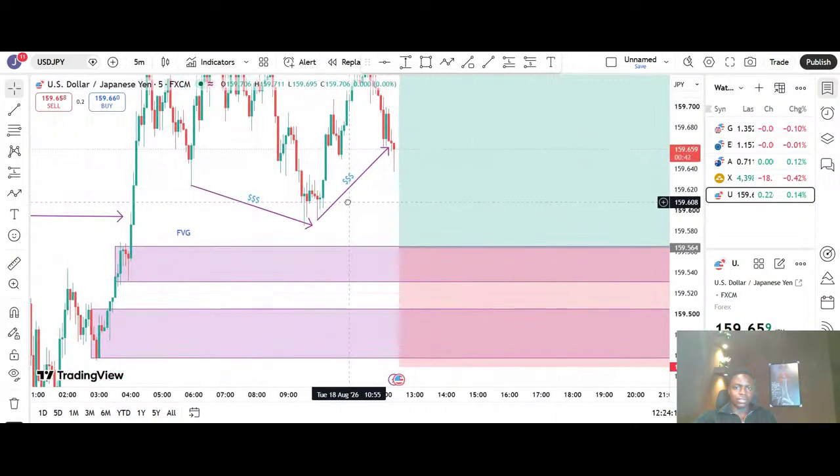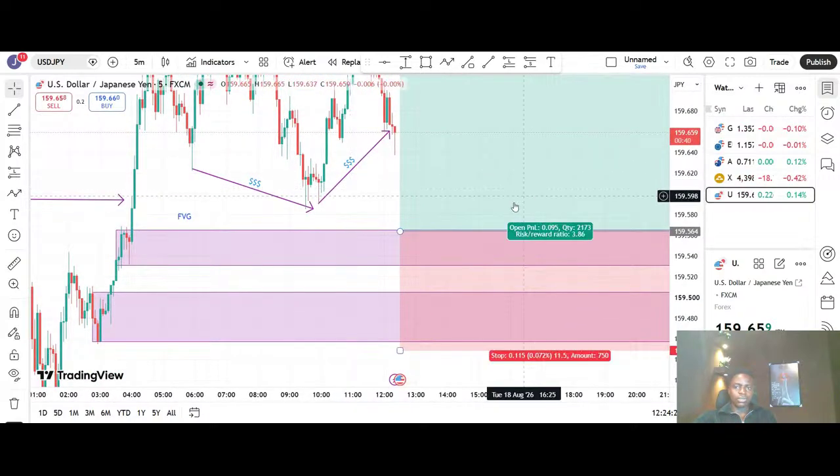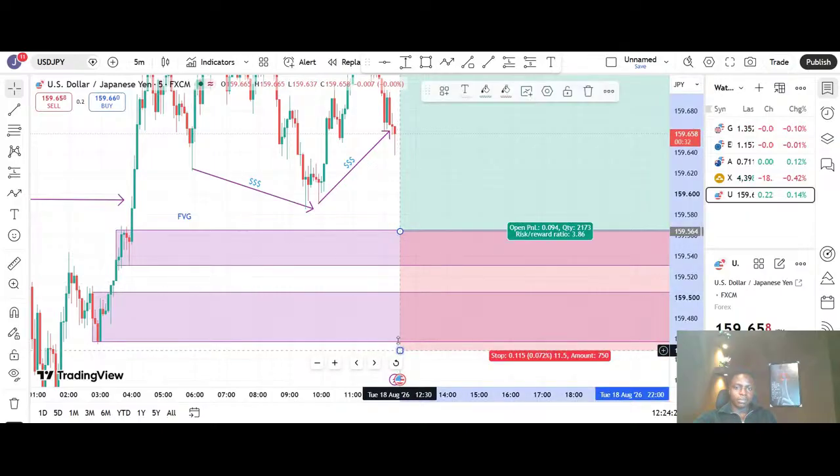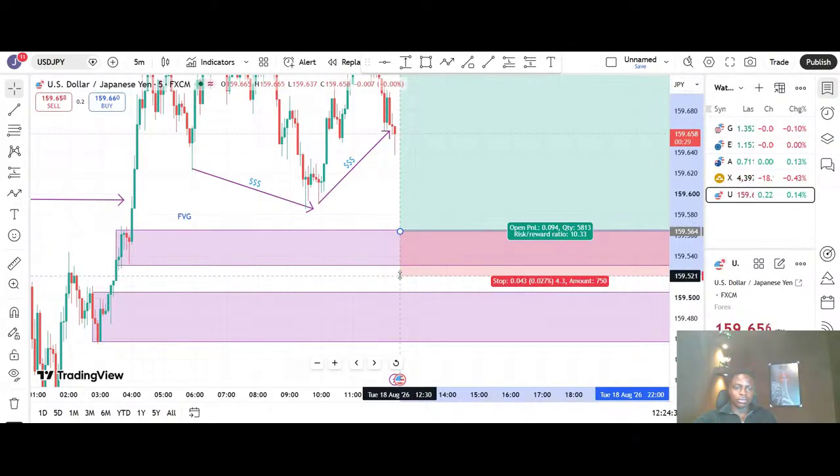So this trade is going to be unique, and it's going to be massive. If we take this trade, we are going to be looking at how to put our stop loss around there.